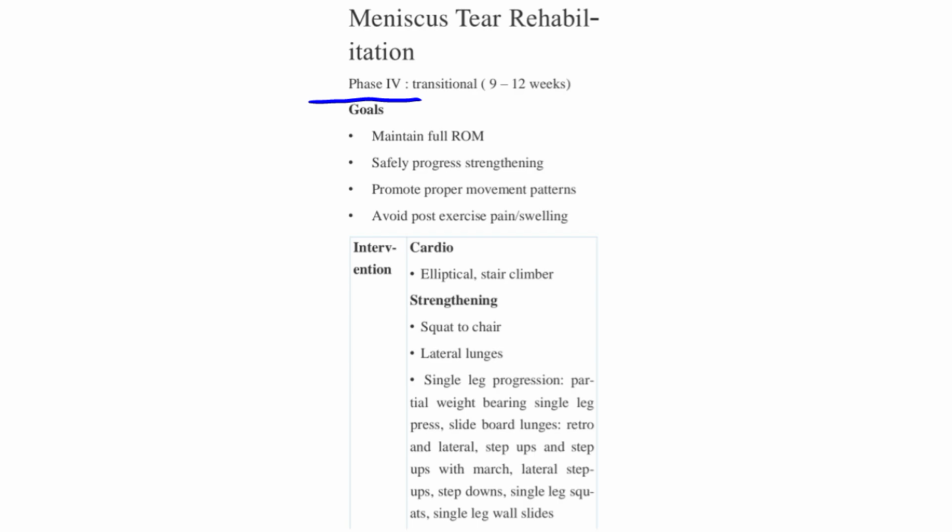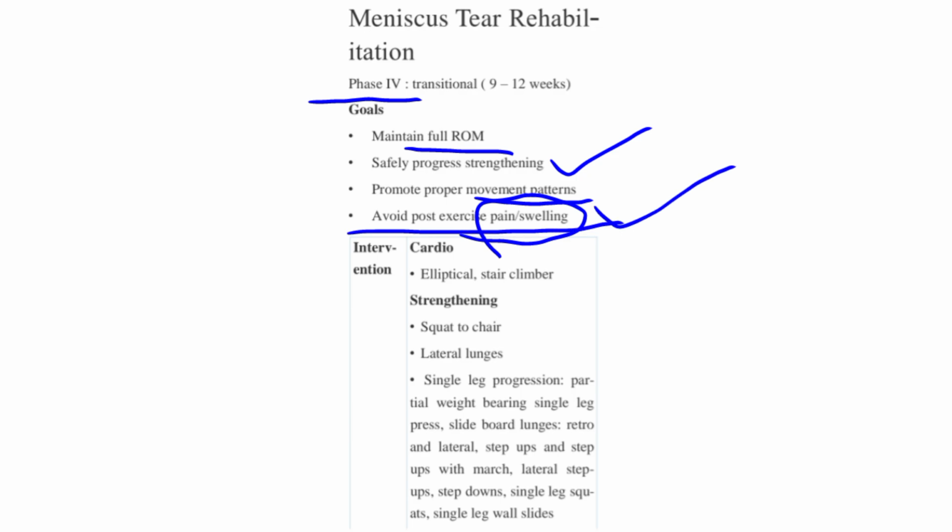In phase 4, the goal is to maintain full range of motion, safely progress strengthening exercises, perform movement patterns properly, and avoid post-exercise pain and swelling. If there is pain and swelling, then you can discontinue. Avoid patient pain and swelling during the exercises and after.